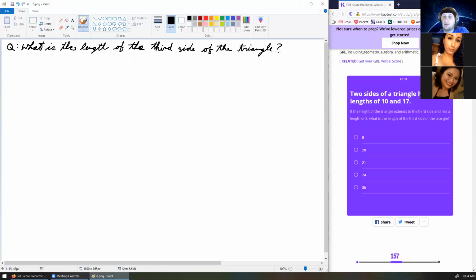All right, so the trick with this one is figuring out what the triangle looks like. Is it a triangle like this with sides 1, 2, 3? Is it a triangle like something like this with sides 1, 2, 3?